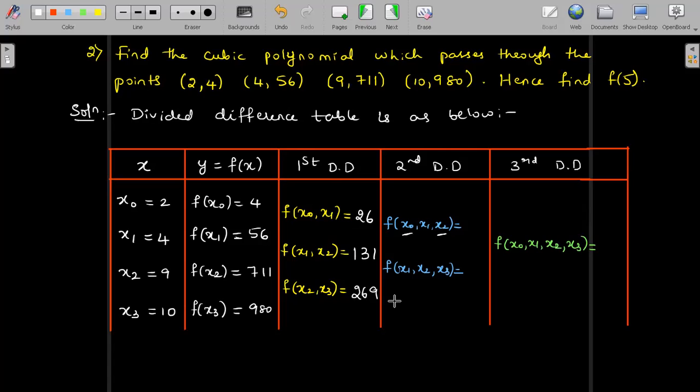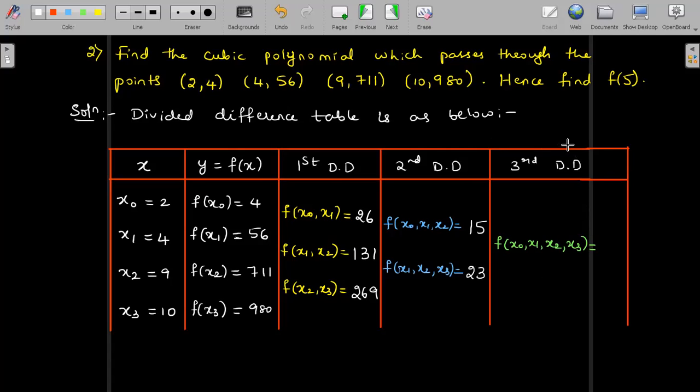Hope you remember, we had already performed it in the previous problem. So x2 minus x0 means 9 minus 2 in the denominator. 131 minus 26 divided by 9 minus 2 gives us 15. Similarly, 269 minus 131 divided by x3 minus x1, 10 minus 4, which is 6. So this gives us 23.